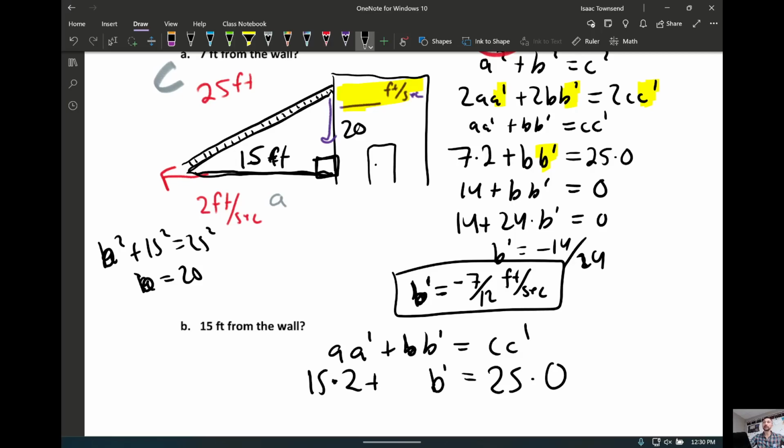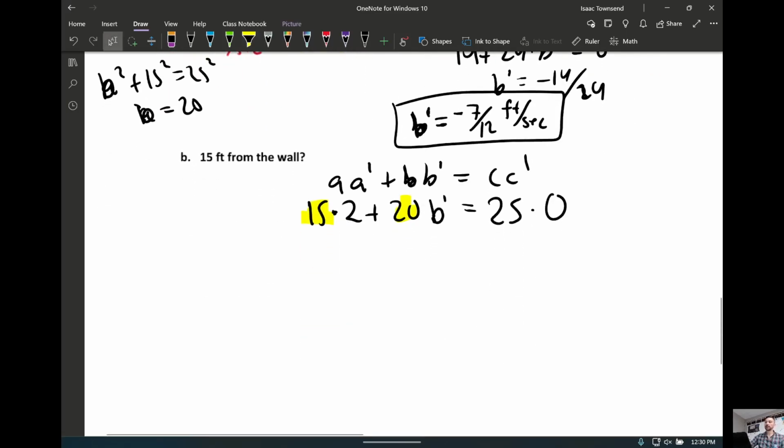You guys understand why this length is changing? Because if this length changed, I had to redo the Pythagorean theorem part, but really that's all that changed, because this part of the question changed, but everything else was the same. Got 30, could subtract that over. If I'm trying to figure out the rate of change of B prime, divide both sides by 20.